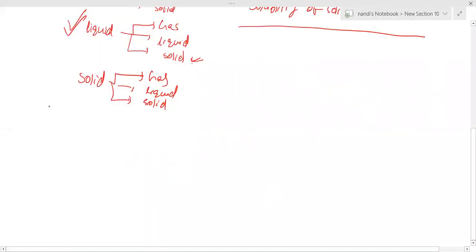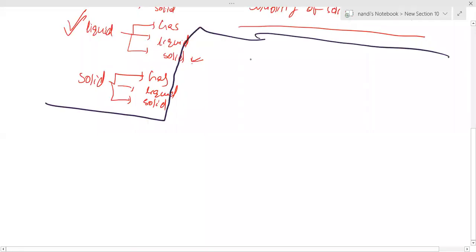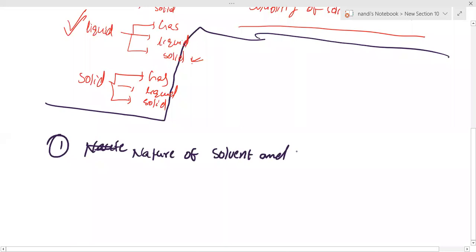First factor we are doing: nature of solvent and solute. So solubility depends on the nature of solvent and solute.